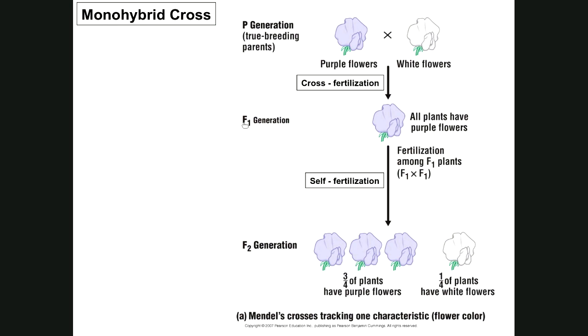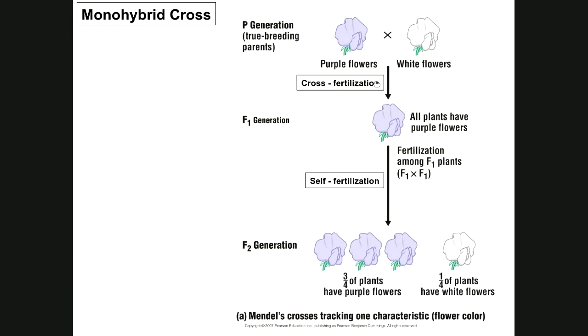So what happened then is for that F1 generation plants, no matter how many times he took two separate true breeds and cross-fertilized this P generation, producing the F1 generation offspring, all the offspring always developed purple flowers. So that led Mendel to question, what happened to the trait for white flower color from one of the two parents he used for this cross-fertilization?